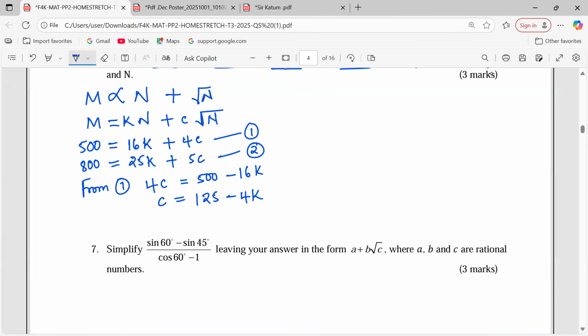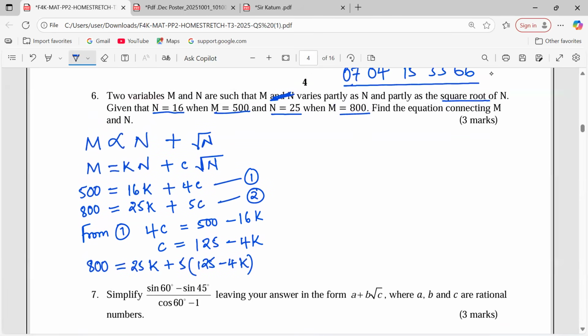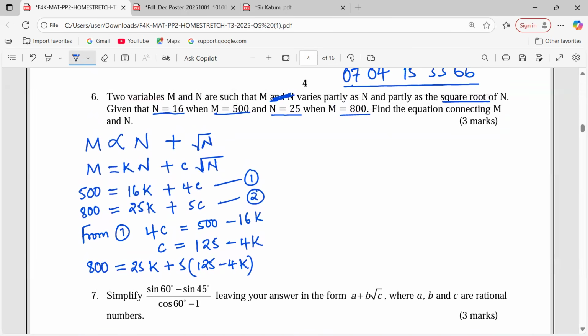So now C has been expressed from equation 1, meaning that equation 2 now becomes 800 equals 25K plus 5 into (125 minus 4K). That way. With this now, we can expand, open the bracket, and solve for K.